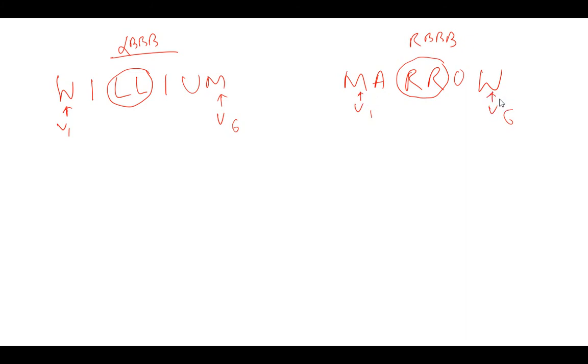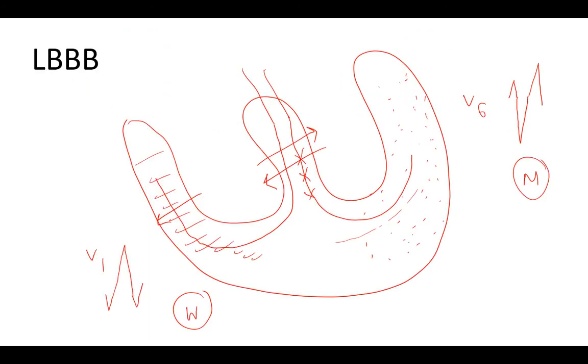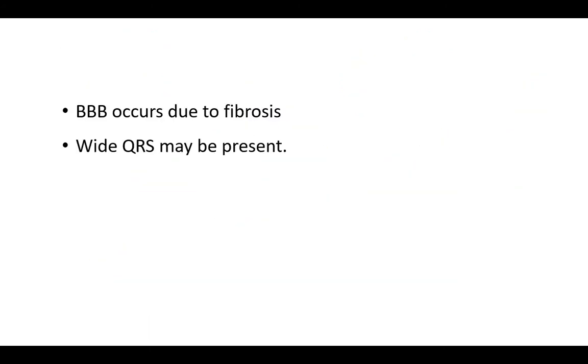And this bundle branch block, it occurs due to fibrosis, and it may present with wide QRS complex. What is wide QRS complex? QRS duration is usually 0.08 second, that is 2 small squares.